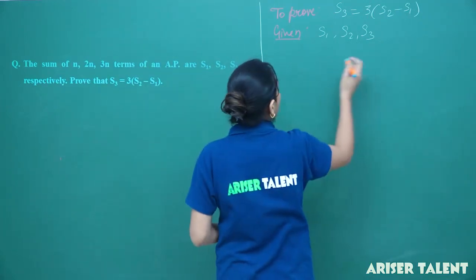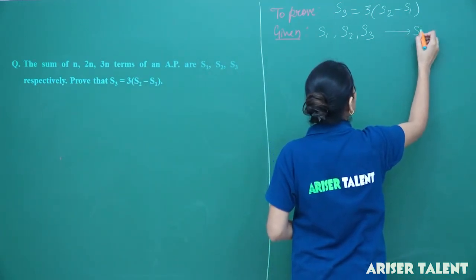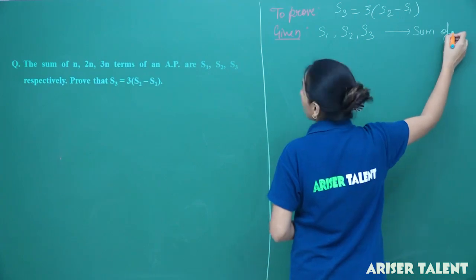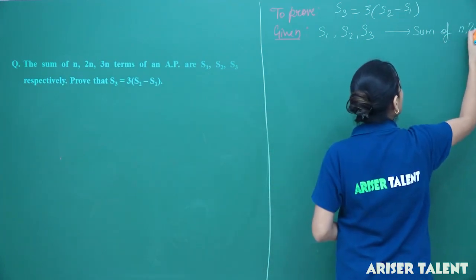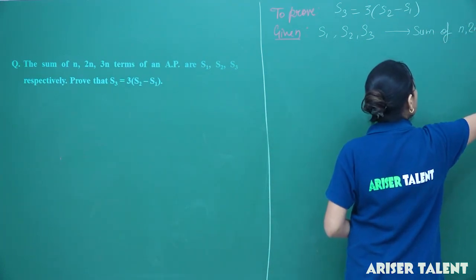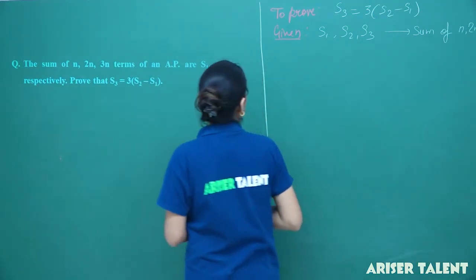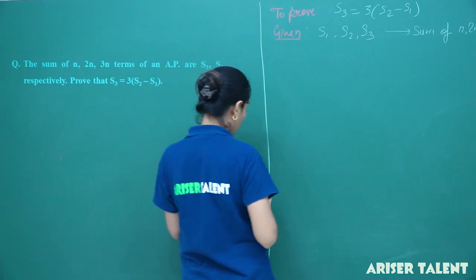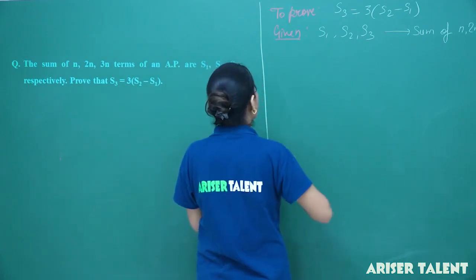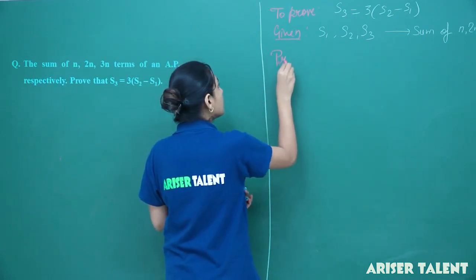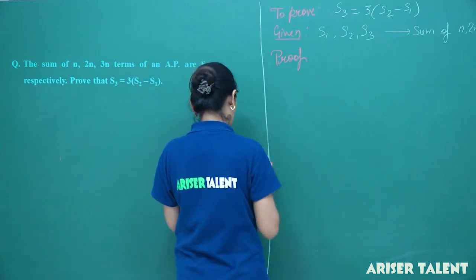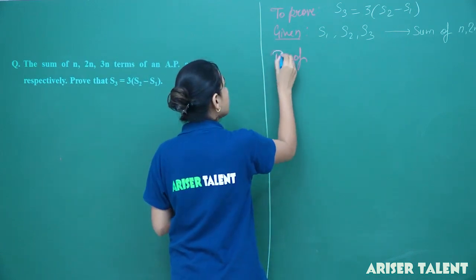So these are the sums of n, 2n, 3n terms. So now we'll go with the proof.